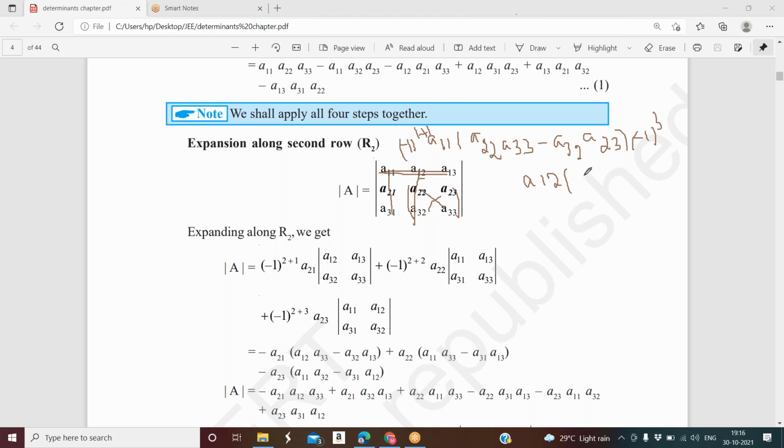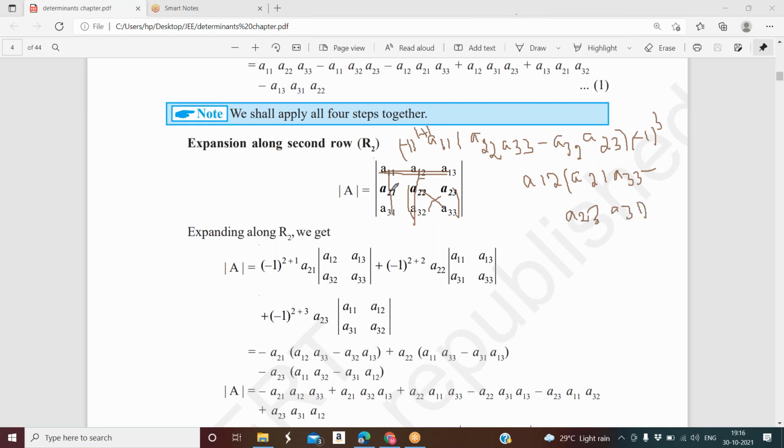So what is the determinant of this 2 by 2 matrix? A21 into A33 minus A23 into A31.